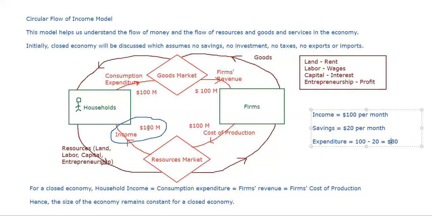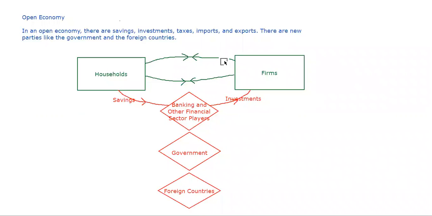Because if 100 million is what they're earning and 20 is getting saved, then what comes out of this will not be 100 million. It will get modified to 100 million minus 20 million, which is 80 million. And that's why savings are termed as a leakage. Leakage is something that reduces the size of the economy. So let's define a term called leakage.